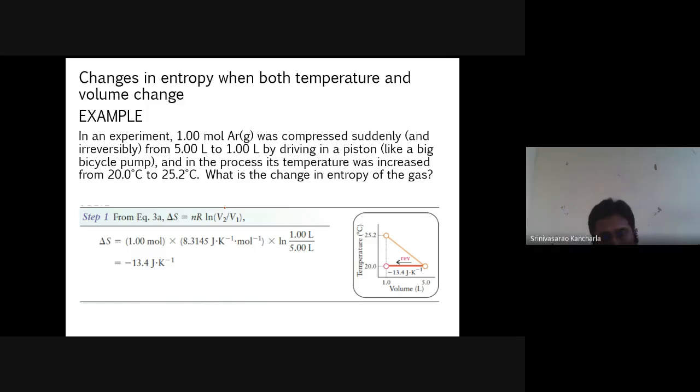The question says that the argon gas is compressed in a quick way. It's a very fast compression. When you are doing very fast compression, you cannot do it in isothermal conditions.